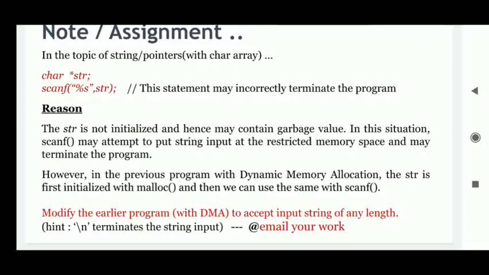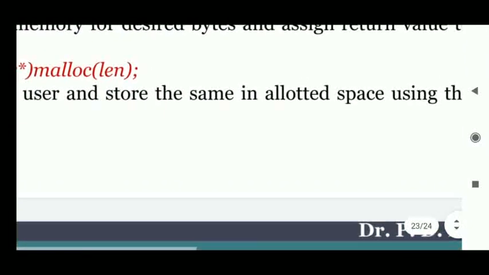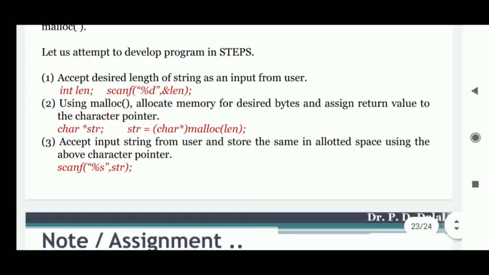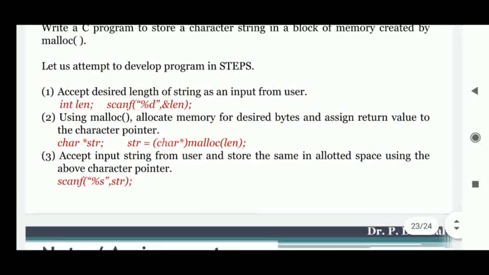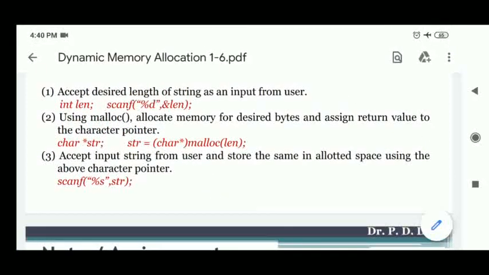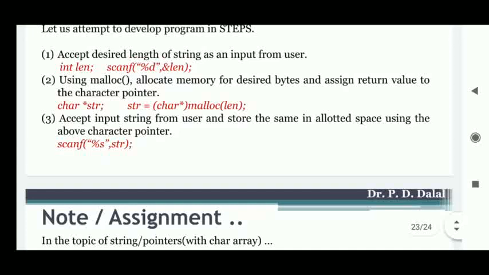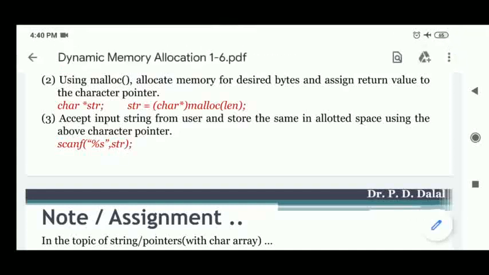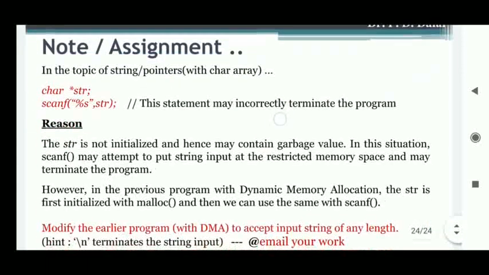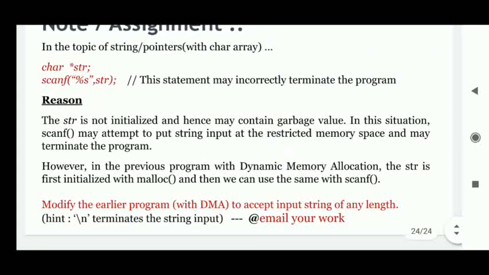However, in the previous program with DMA, as we have seen, we are first allocating memory for the character pointer str using malloc(len). So first the memory is allocated for str, then we are scanning the string into str. This will solve the problem. So that is what is discussed here.